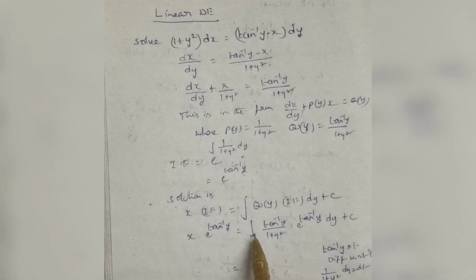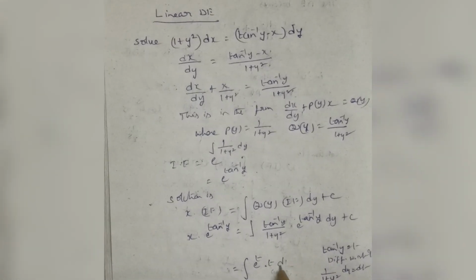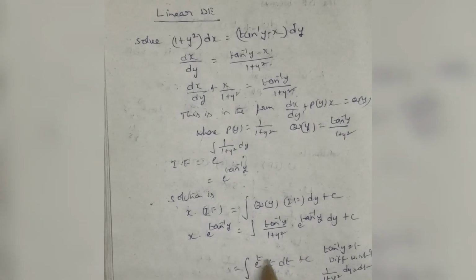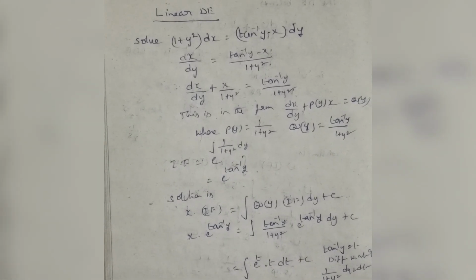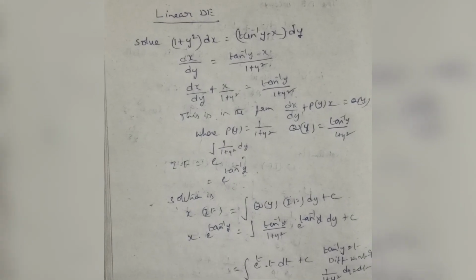So that is integral e power tan inverse y becomes e power t, tan inverse y becomes t, dy by 1 plus y square becomes dt. So again this is integration by parts. So we get directly the formula e power t of t minus 1 plus c.